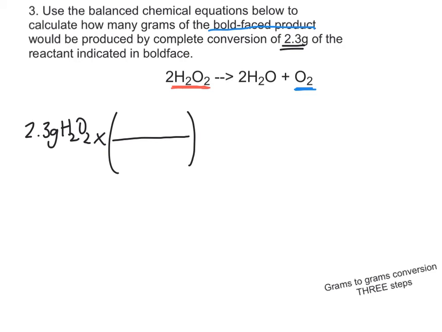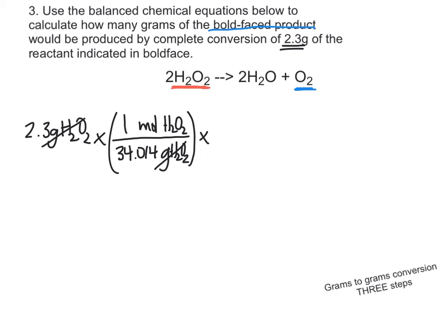If I want to cancel grams, I have to put grams in the bottom. So I have to find the molar mass, which is 34.014 grams of H2O2 per 1 mole of H2O2. Okay, this is just a simple conversion of using molar mass. So my grams cancel.